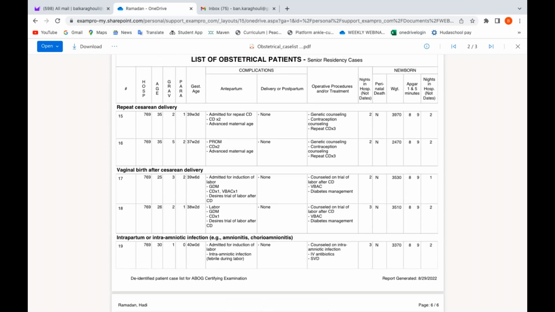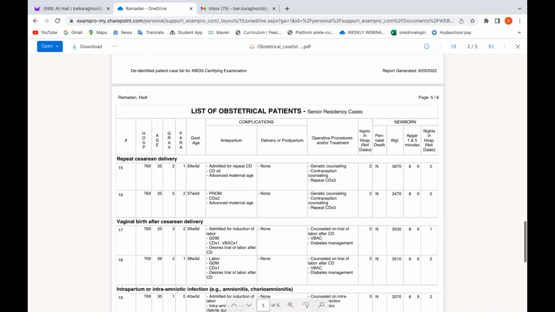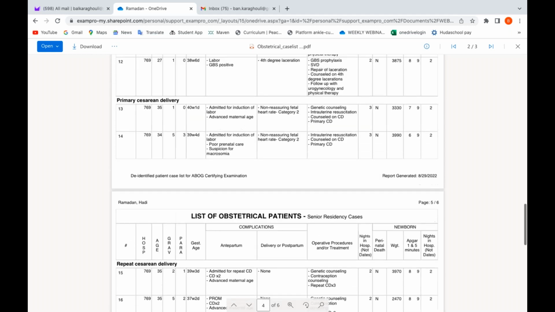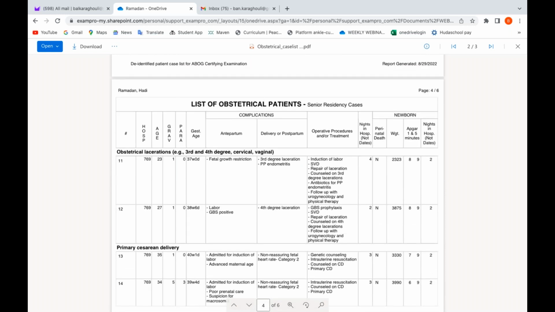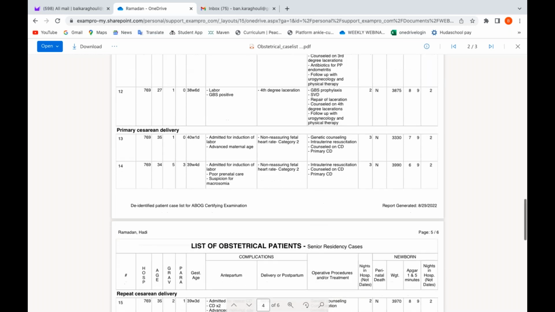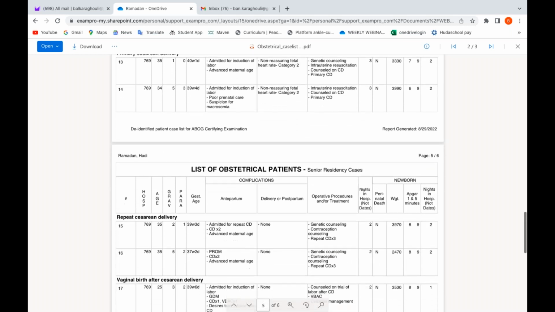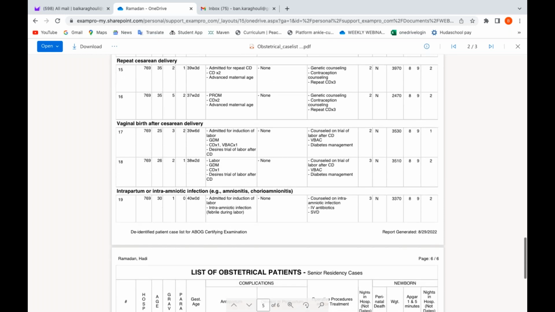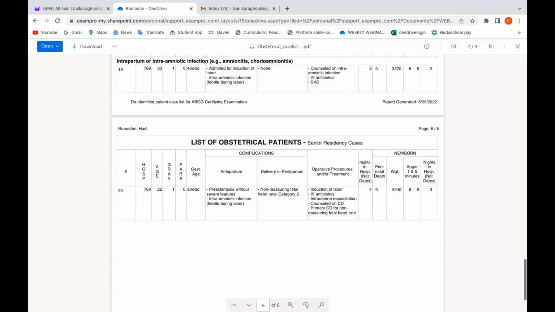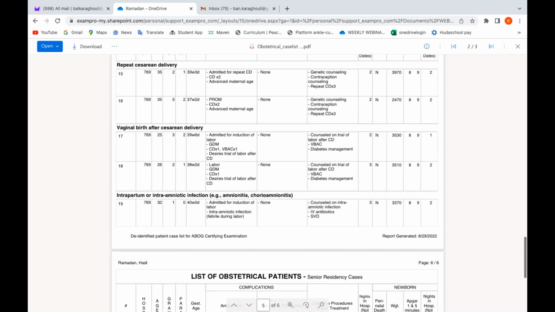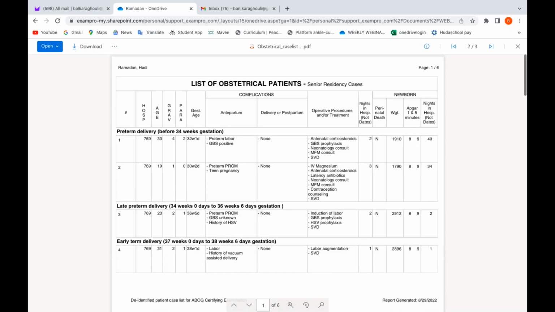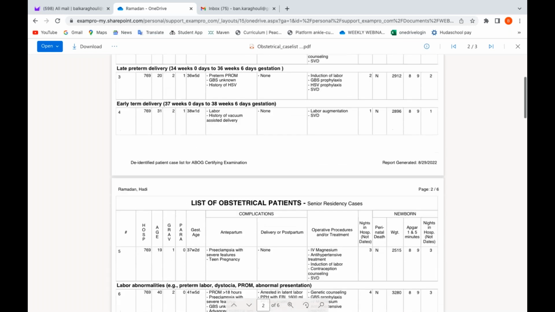She's one who has heart disease. Sorry, I can't find her. Oh, she was in the office. I'm sorry. Never mind. You can choose any one of the obstetrics. Okay, let me look here.